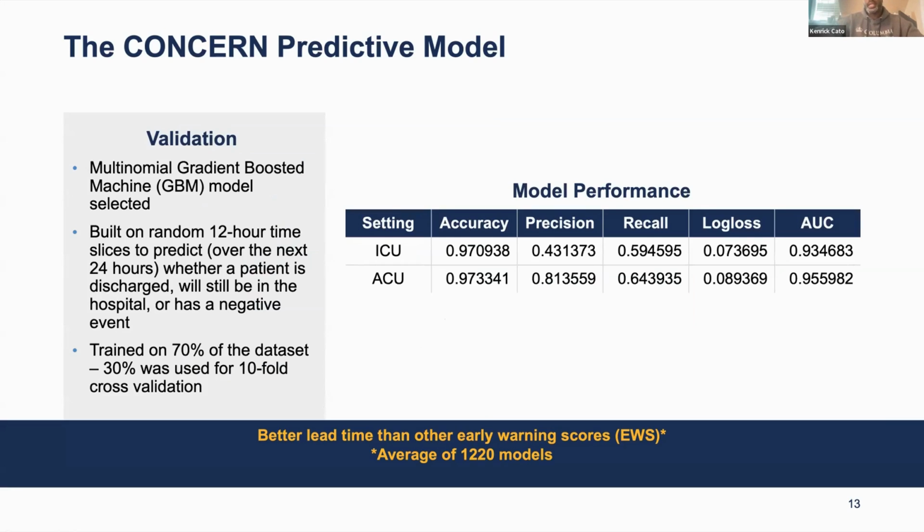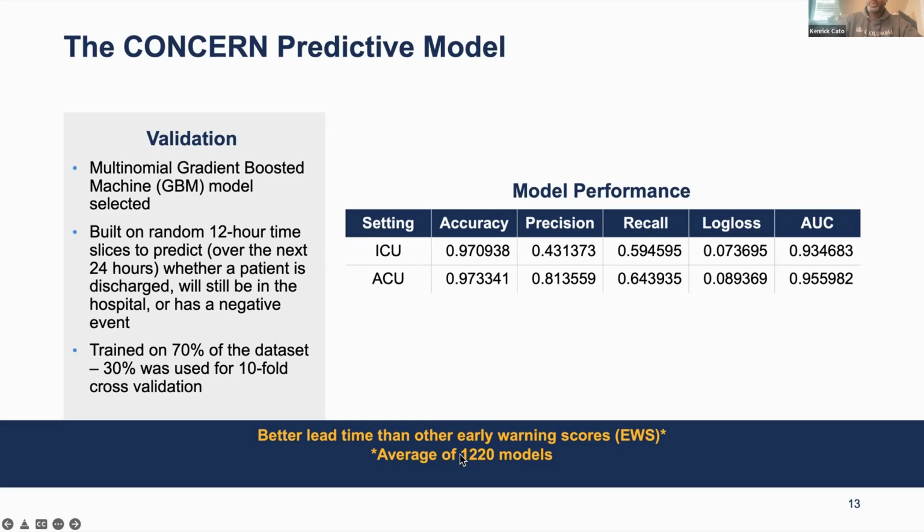We actually had a couple of different models. We had a generalized linear model, a vanilla decision tree model, and then a gradient boosted model. And it was the gradient boosted model that performed the best. What you're seeing is the average of all of the models that we have. We have a set of models for the ICU and a set of models for the ACU or med-surg setting.